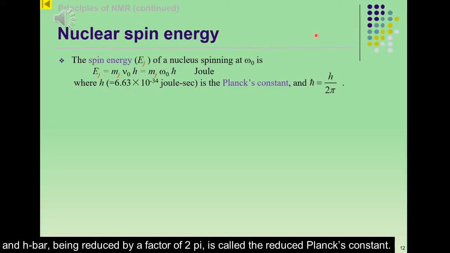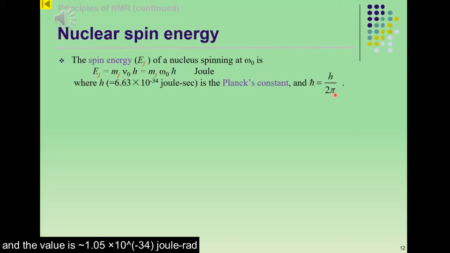And h bar, being reduced by a factor of 2 pi, is called the reduced Planck's constant, and the value is approximately 1.05 times 10 to the power of minus 34 joule radian.